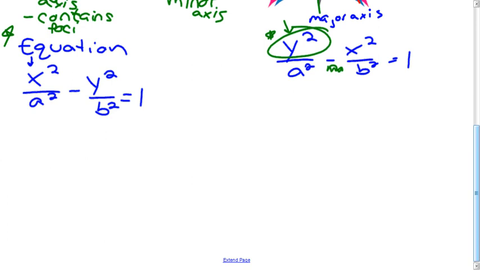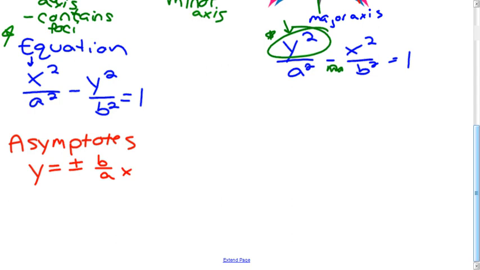Each of these have asymptotes, and asymptotes are going to bound our points. So once I find my vertex, then all I need to do is find my asymptotes, and then I'll be able to draw my picture in. So my asymptotes on the horizontal opening is y equals positive and negative b over a times x.